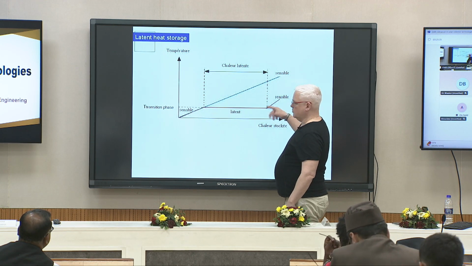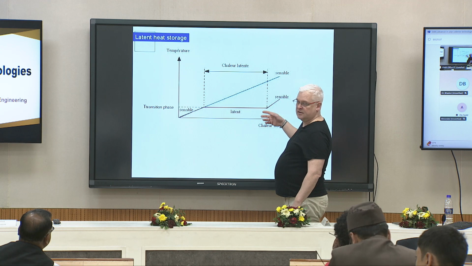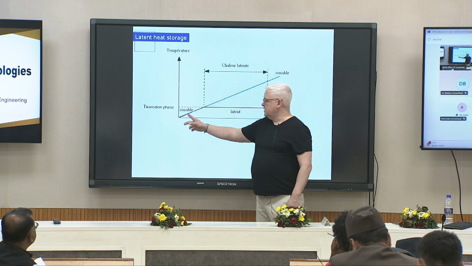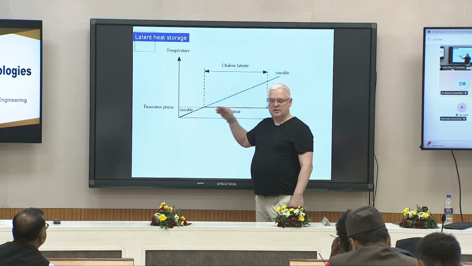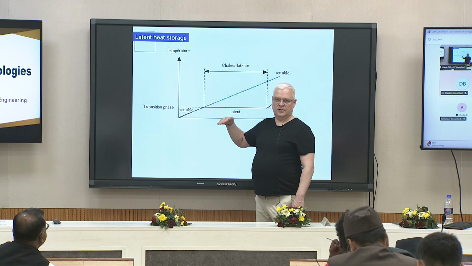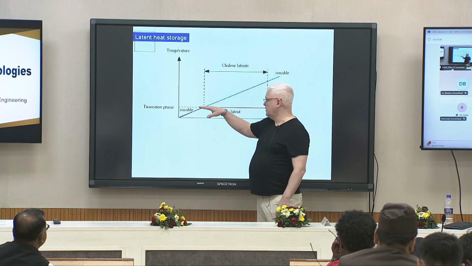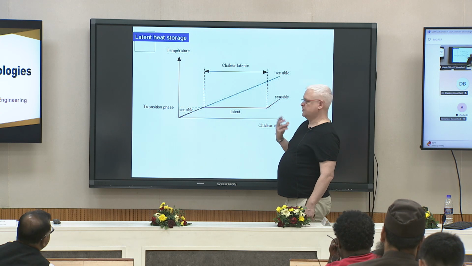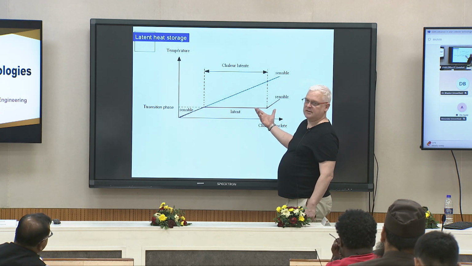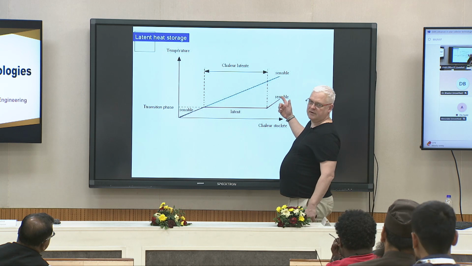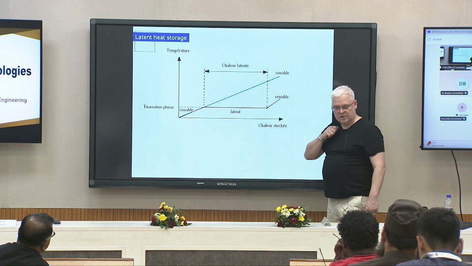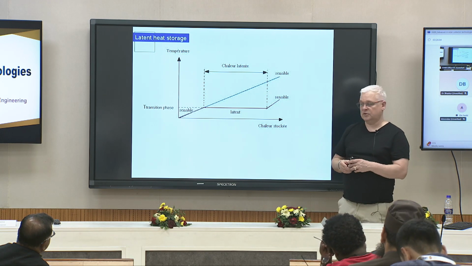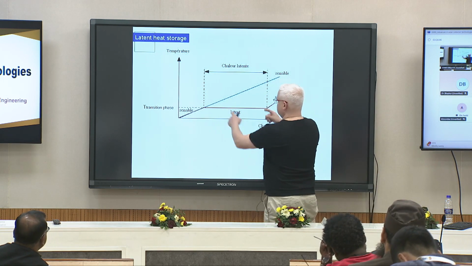And then, when, for example, it is fully liquid, it behaves again like sensible heat storage. Sensible heat storage when it is solid, when it reaches the phase change temperature, it melts, a big storage of heat due to latent heat, and then it behaves as a liquid that you continue to heat, so like a sensible heat storage. Okay, so it is here that it is interesting.